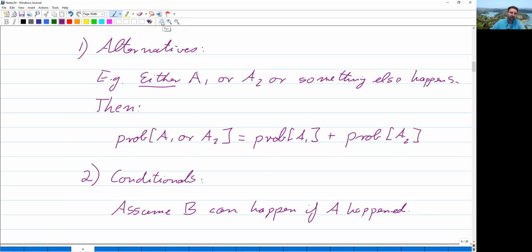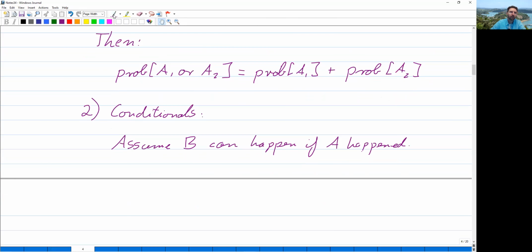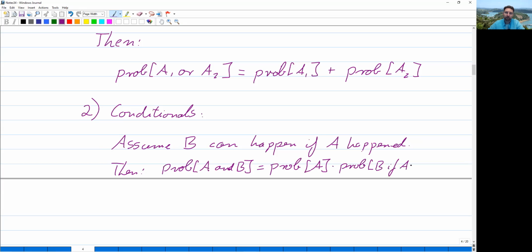In this case, the rule says the probability for A and B is the probability for A to happen times the probability that B happens if A happened.